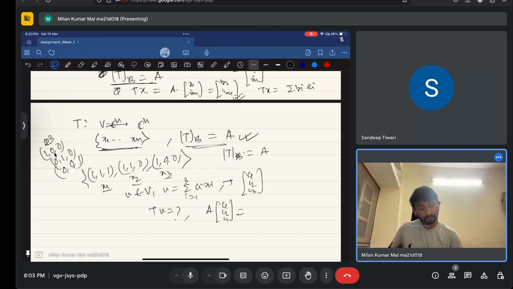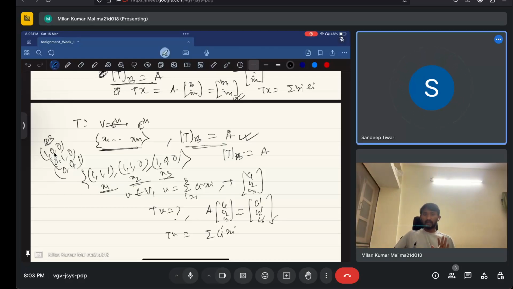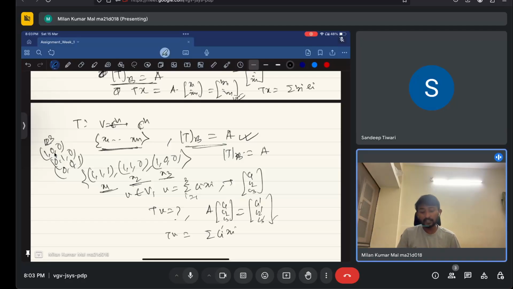Whatever matrix I get, suppose C1 dash, C2 dash, C3 dash, then Tv will be the summation of Ci dash xi. I hope it is clear. With the standard ordered basis, everything is taken in that basis, and with another ordered basis, everything is taken in that basis. There is no harm in this.